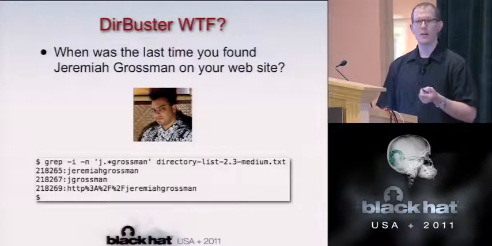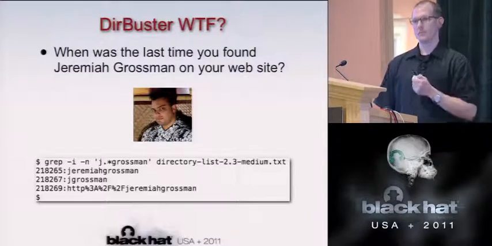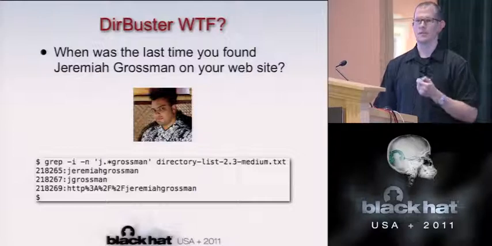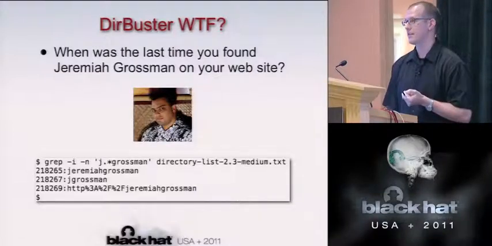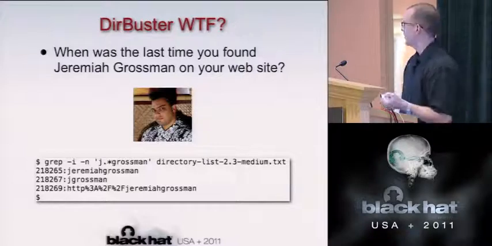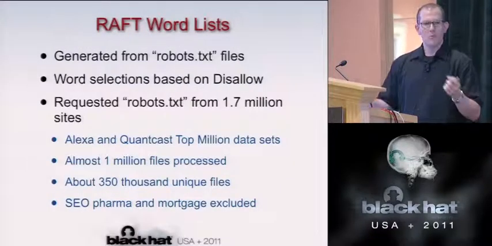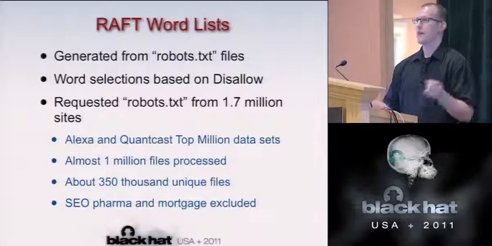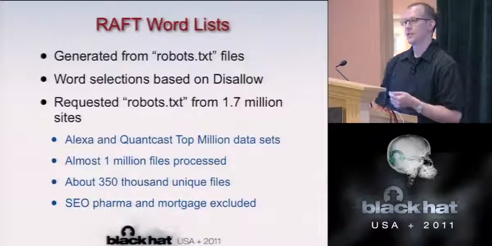And we said, well, what else is out there where people say, don't look here, don't look at this on my website? People familiar with the robots.txt standard? So robots.txt defines a disallow value. And we said, why not go out and kind of crowdsource the web and look for what people are saying not to look for on their website?